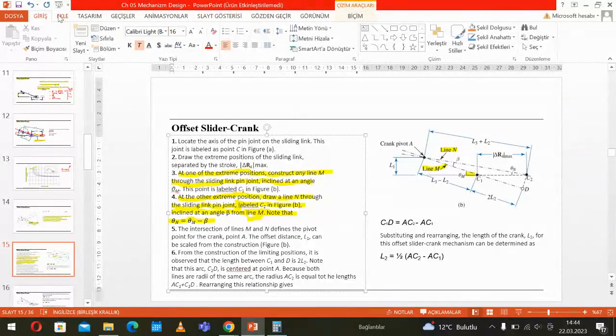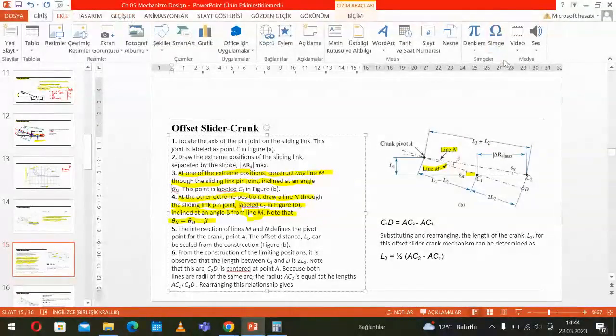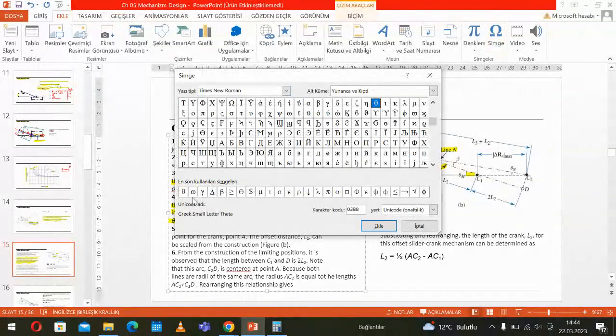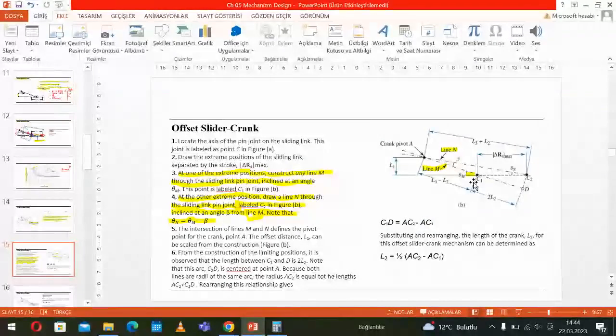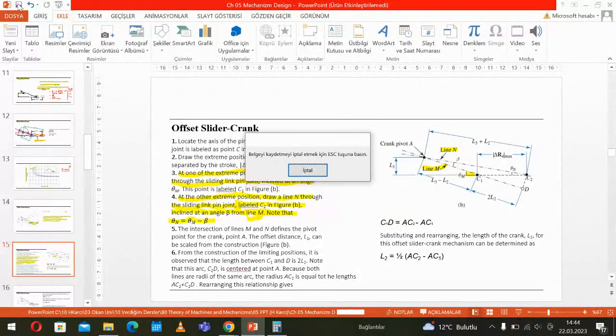Okay, now it's correct. Theta m and theta n, this is correct now. Now we can continue.